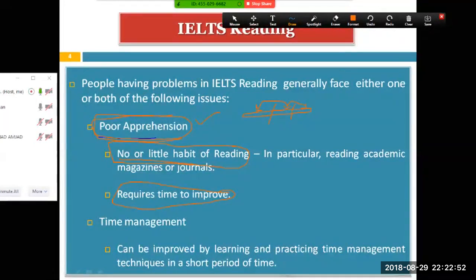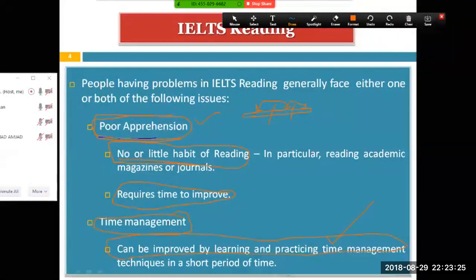The other issue that students face is time management. They always face time pressure, and because of that, they rush and fail to find the correct answers. This can be improved very easily by practicing for maybe a week or 10 days. You just have to practice some time management skills. That's it.